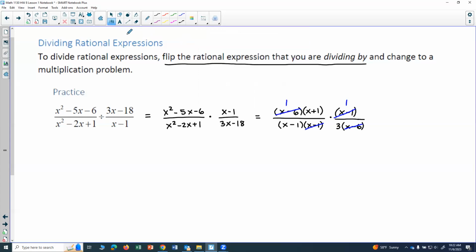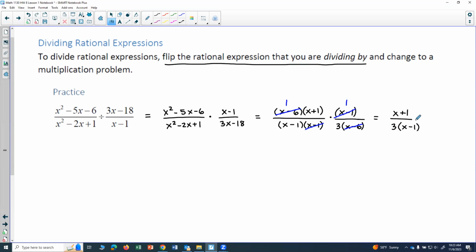And so now I have x plus 1 in the numerator, and I have x minus 1 and a factor of 3 in the denominator. So I'm going to put the 3 in front and then parentheses x minus 1.